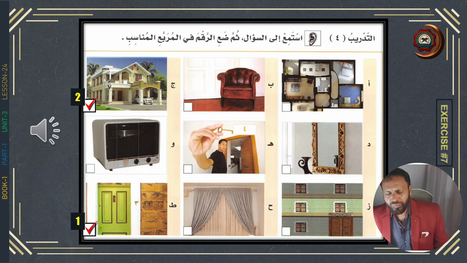Rakmu ghurfatik. What is the number of your room? Rakmu ghurfatik, number of your room. Okay, so it is ha sir. This is the ha one.